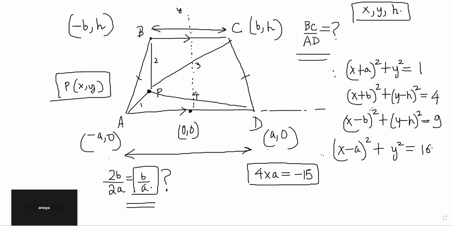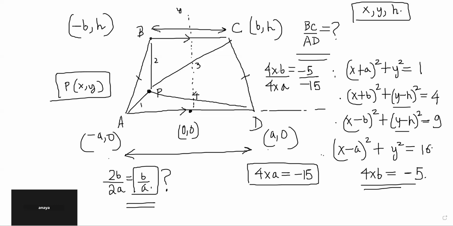And you subtract these two equations, you will get 4xb, and nothing will be left here, so it will totally go. Minus 5. The question is over now. You can take the ratio now. You will do 4xb by 4xa is minus 5 by minus 15. You will get b by a is 1 by 3. So that is one way to do it.